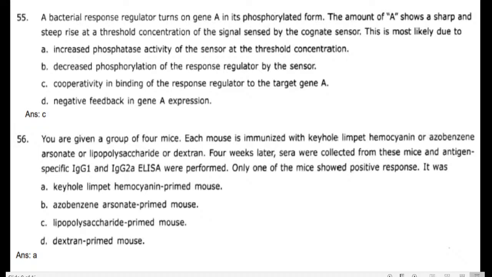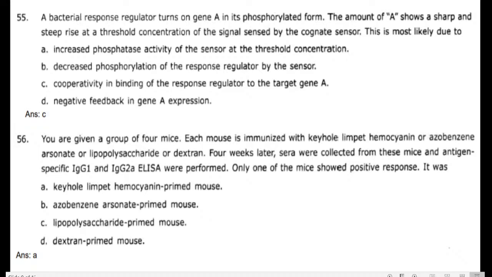From each mouse, antigen-specific IgG1 and IgG2a ELISA were performed. Okay, in that ELISA experiment, we are adding the antibodies to the serum. Here they mention antigen-specific IgG1, so this IgG1 specifically binds with the antigen.